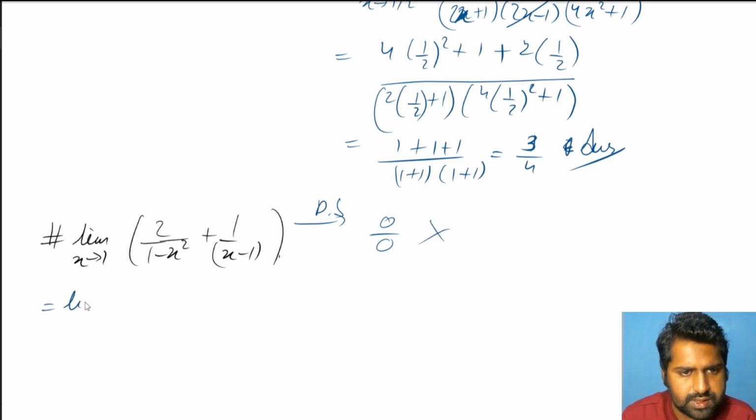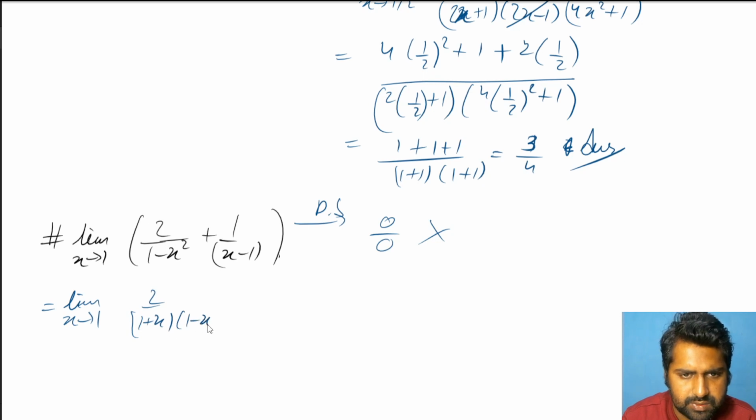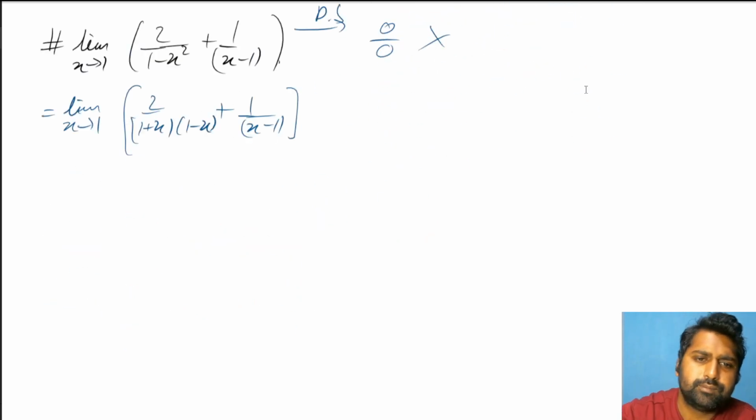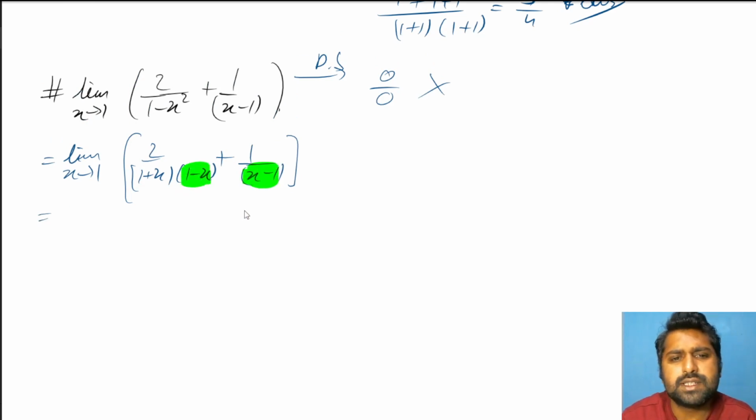So what we have to do is limit x tends to 1. Let's do factorization first. This can be written as a square minus b square. So a plus b, a minus b, plus 1 upon x minus 1. Okay. Now what you can do is take these two as common, but you'll say that they are not same.